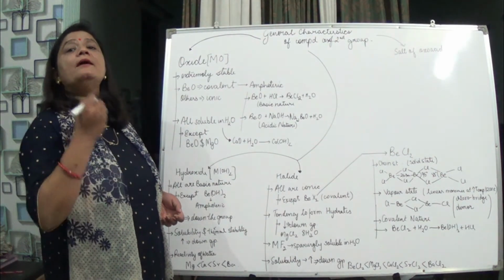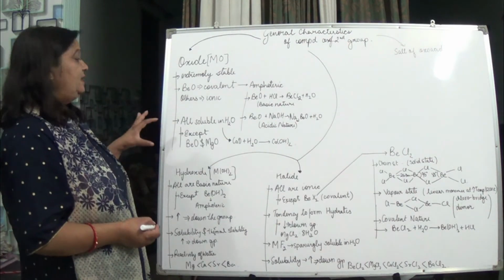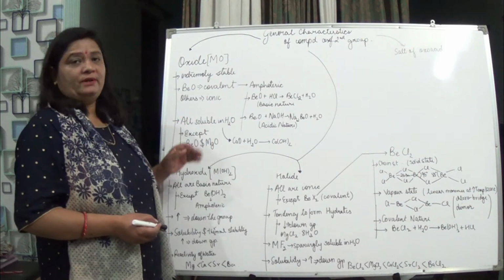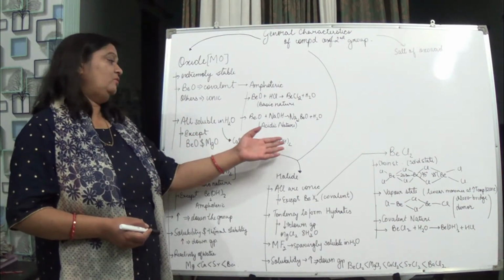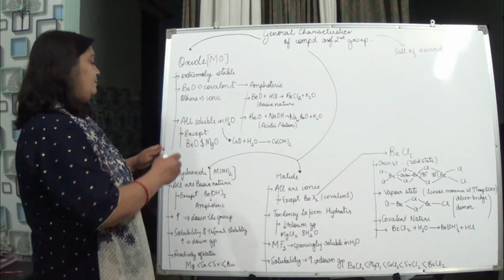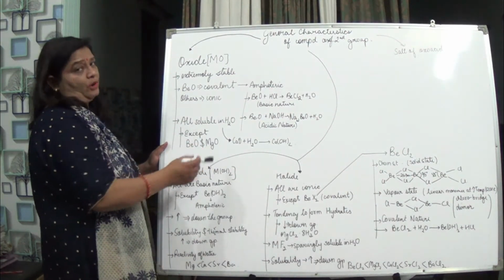Metallic oxides are basic in nature. Now, all the oxides are soluble in water. Like calcium oxide is soluble in water, forming calcium hydroxide. But there is an exception of beryllium oxide and magnesium oxide due to their properties.